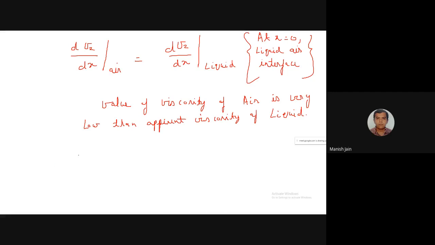So you can say tau xz at x equal to 0 should be 0.